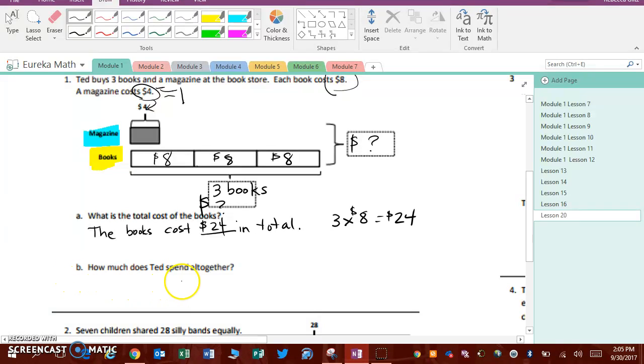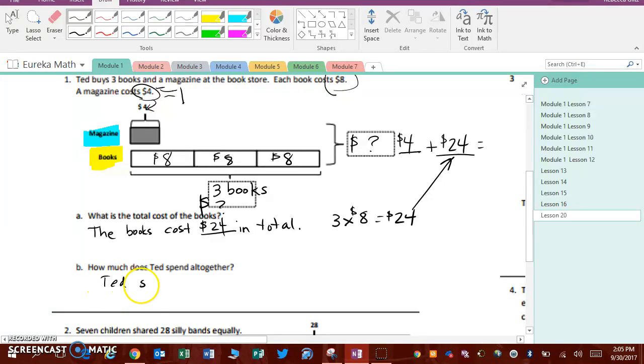Now, how much does Ted spend altogether? Now we can solve this because we know the answer to this is going to be our magazine cost, which was $4. I got that over here. Plus our books, which we just solved, was $24. Okay, so I'm going to write my sentence down here.